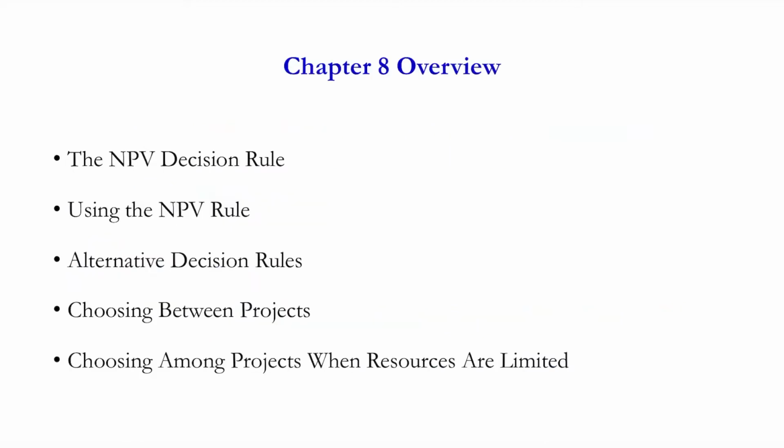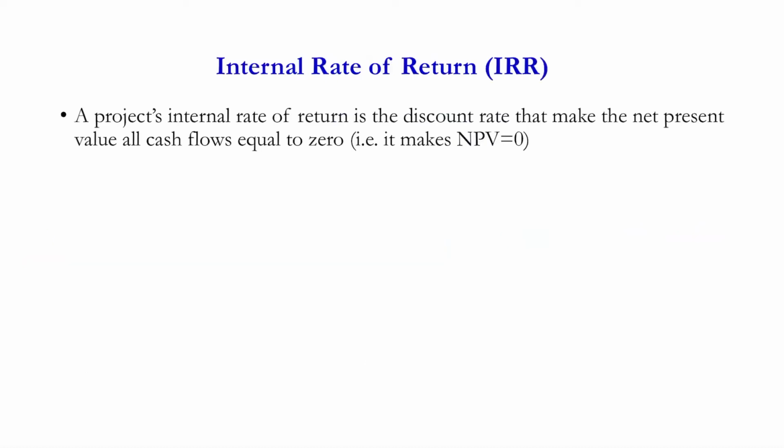In this video, I'm going to continue to talk about alternative decision rules. I'm going to talk about IRR and the IRR decision rule. So first of all, let's see what is the definition of IRR.